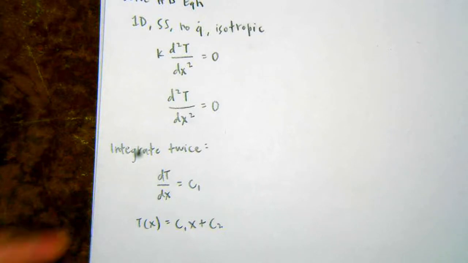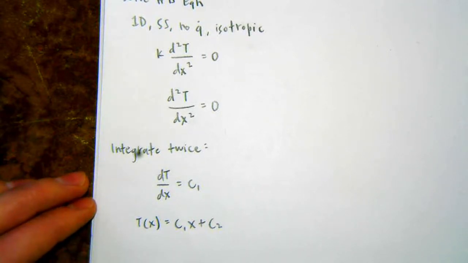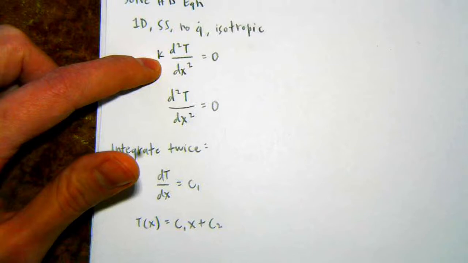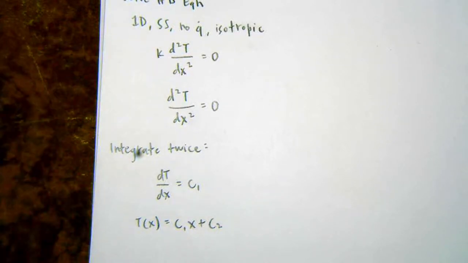And note that we started with a second order differential equation in space, and we're ending with an equation as a function of that one spatial variable, but with two constants. So we need two boundary conditions in order to solve for the two constants. So second order differential equation, two boundary conditions in order to solve for the particular solution.